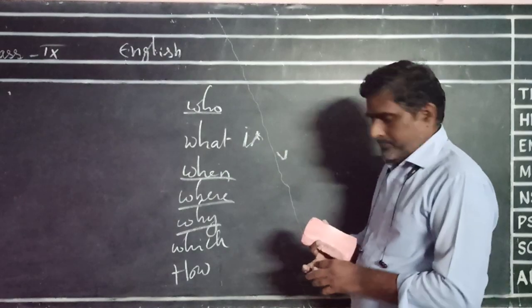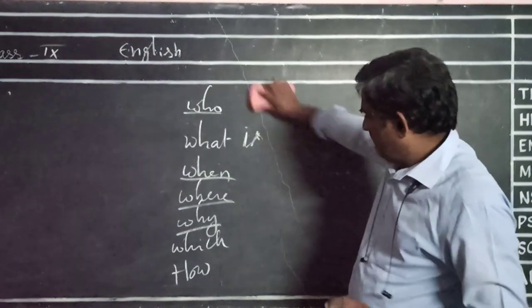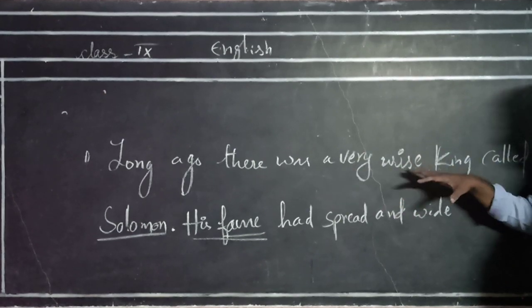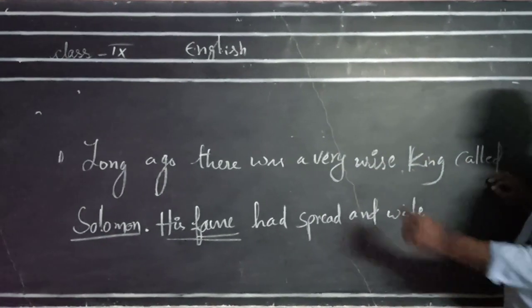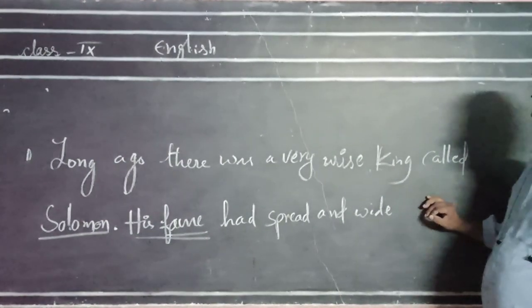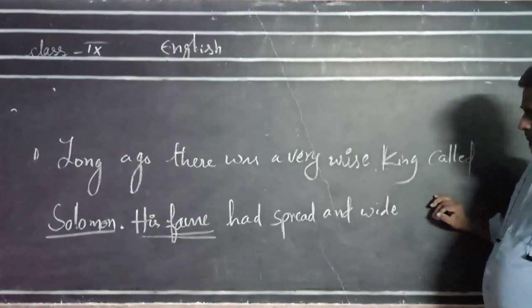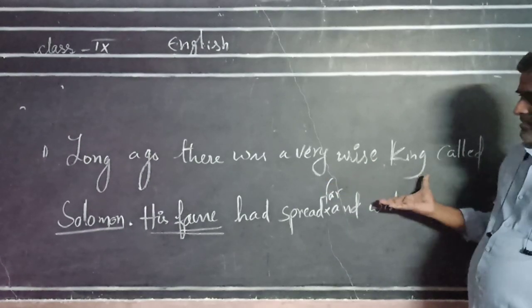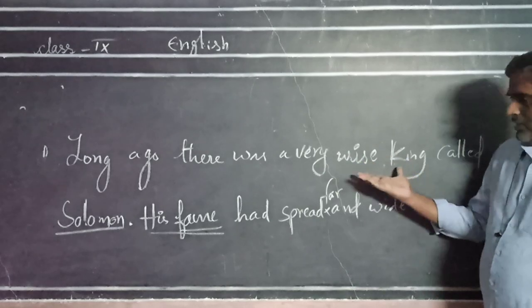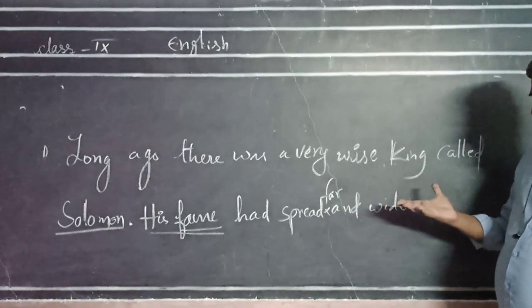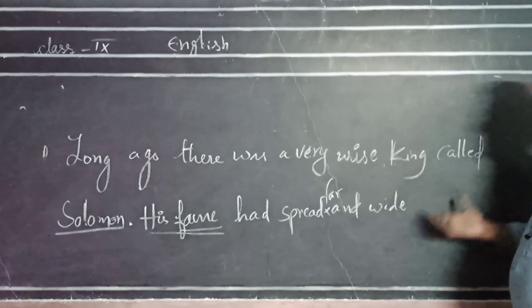For example, now you can see this paragraph. Long ago, there was a very wise king called Solomon. His fame had spread far and wide.